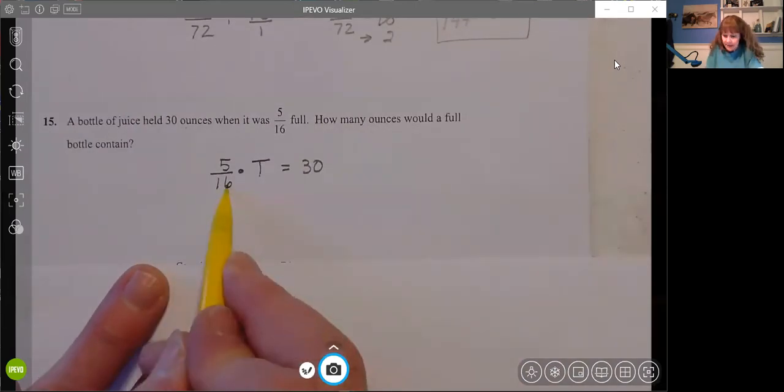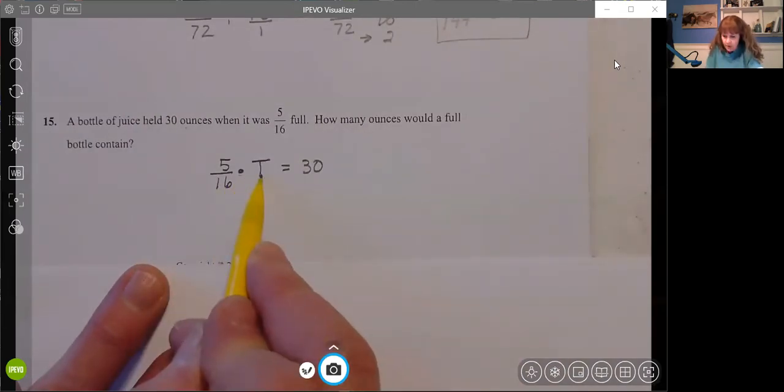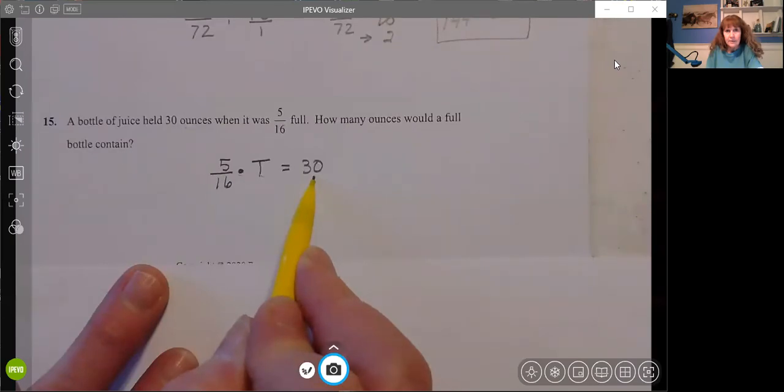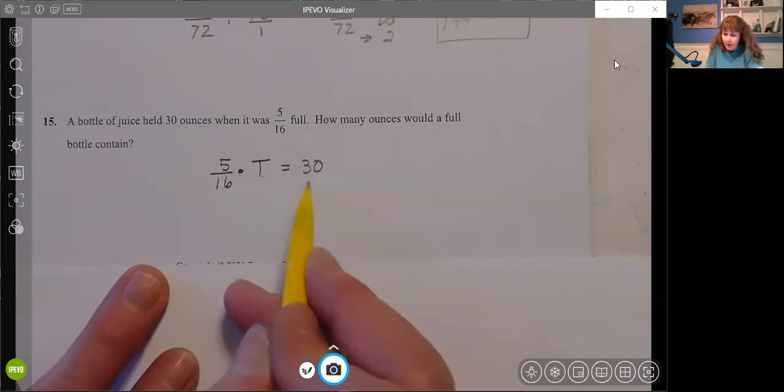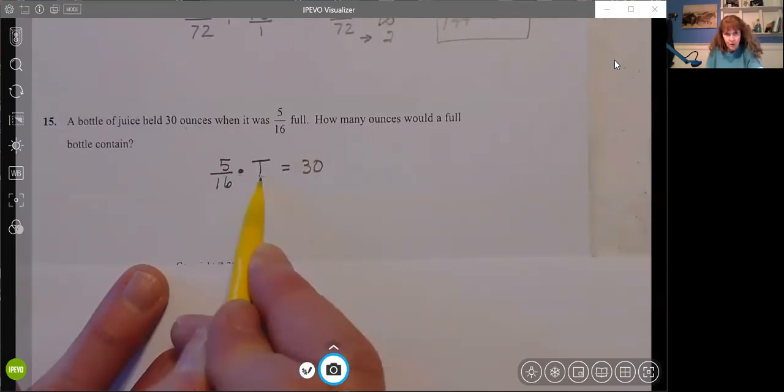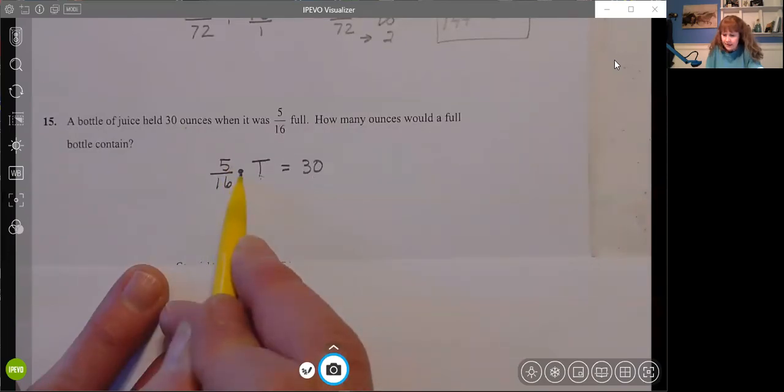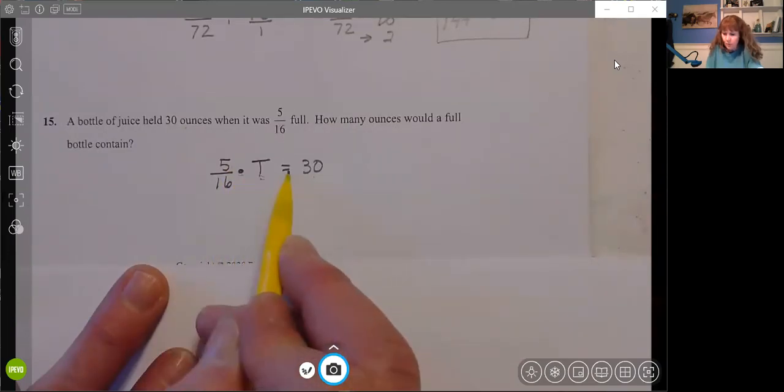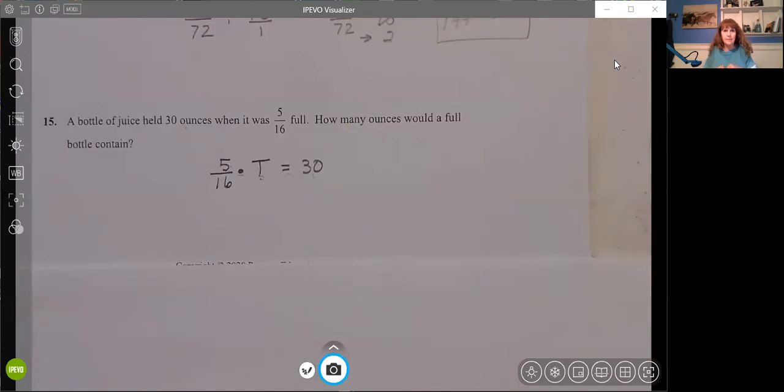So 5/16 of the total was 30 ounces. I was given the part, not the total, so that would be the equation I would use to solve this.